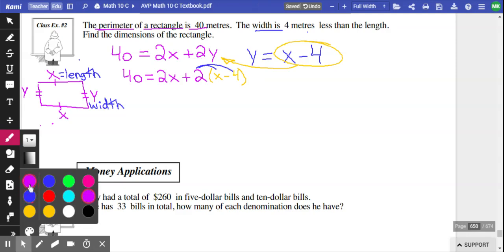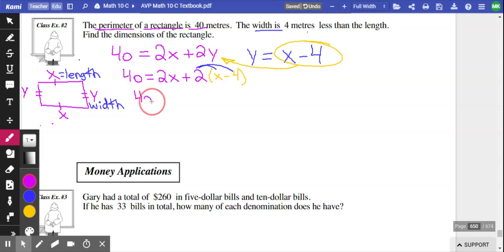When you expand, you get 40 equals 2x plus 2x minus 8. Remember, expanding is multiplying into the brackets.